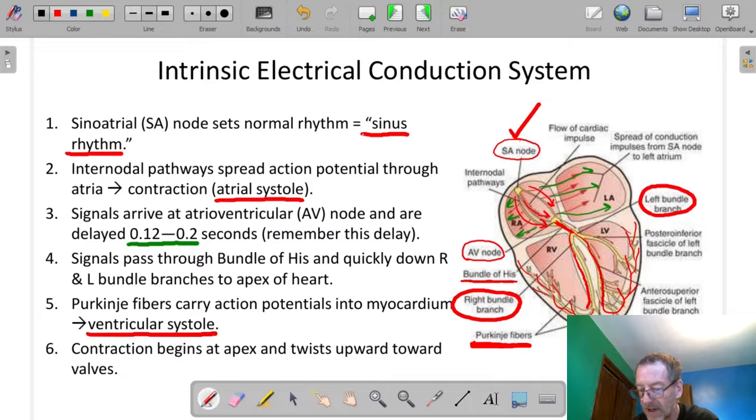So it sort of contracts like a ringing motion, and wrings the blood, like wringing a dish towel, out of the ventricles up toward the valves, which are in the atrioventricular septum. There would be our mitral valve on the left side and our tricuspid valve on the right side at that location.